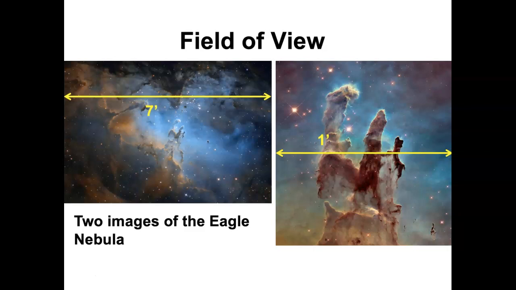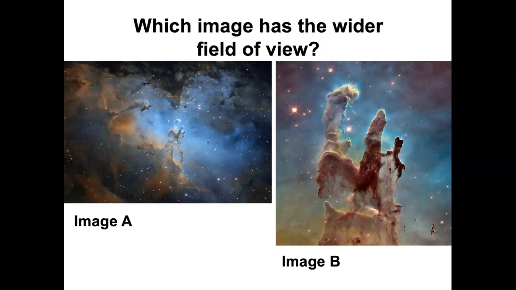The image on the right is more zoomed in, so you're only capturing 1 arc minute wide in the middle there. So what do you think? Which of these images has the wider field of view?